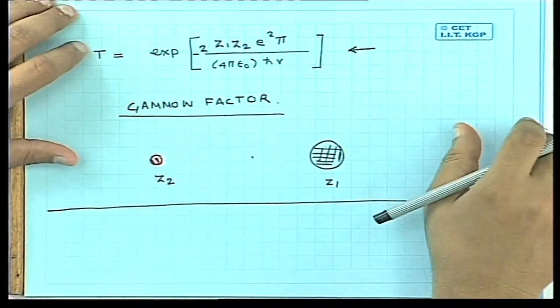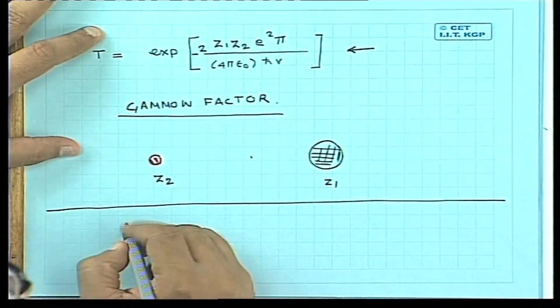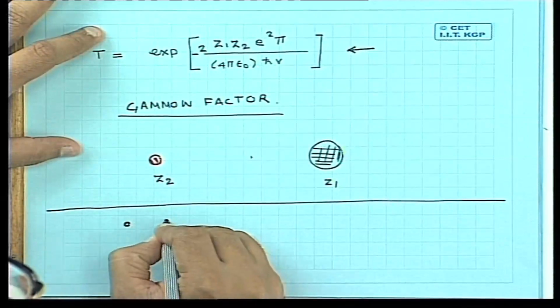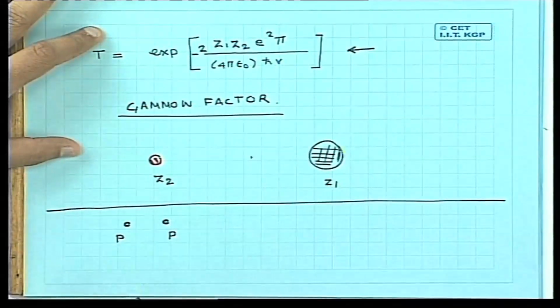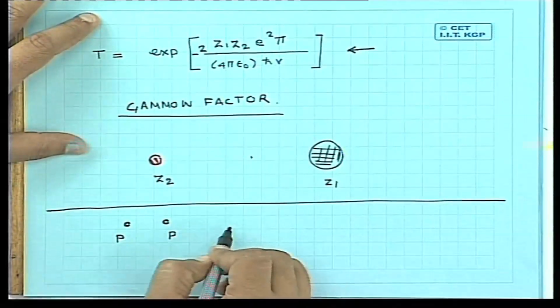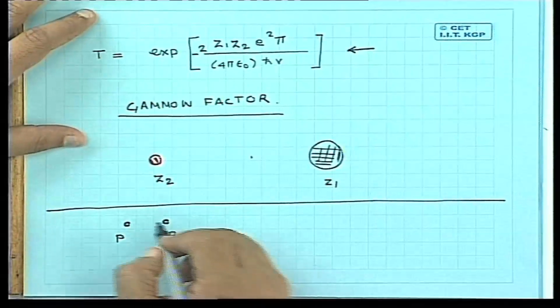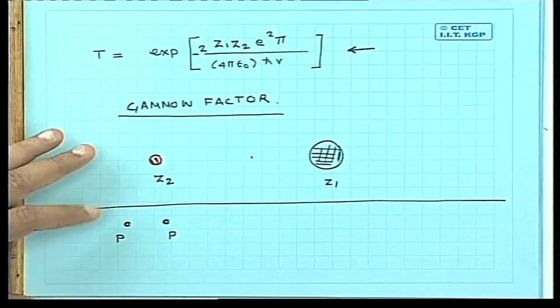For example, if you are considering the reaction where two protons, so I have a proton and I have a proton, two protons can combine to form a nuclei, which will be some isotope of helium.